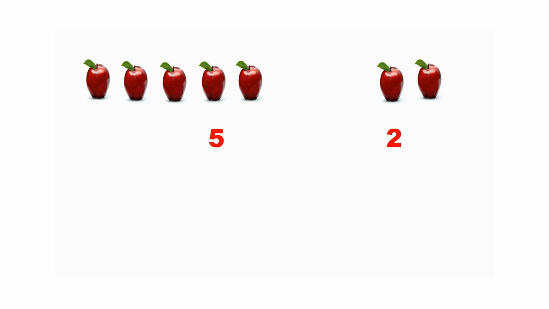We know this already. We have done circling the smaller number and greater number. So we can say that 5 is greater number and 2 is smaller number. Now we can see a crocodile. Here we have a crocodile, and do you know, children, this crocodile is very greedy.